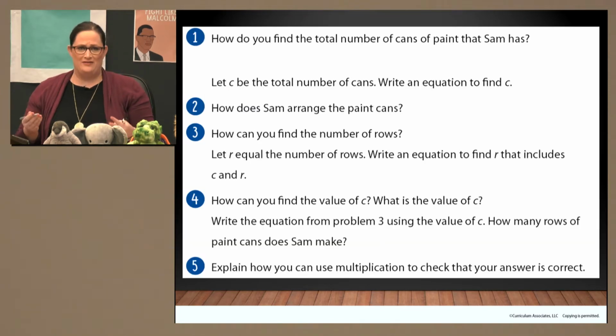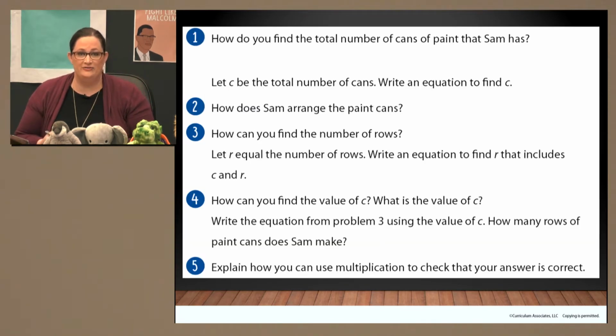How did we find the total number of cans of paint that Sam had? What did we do to find the total number? Yeah, we added. So we're going to write an equation, and I want you to practice writing this equation with me, letting C be the total number of cans.